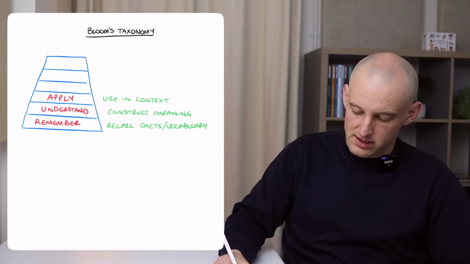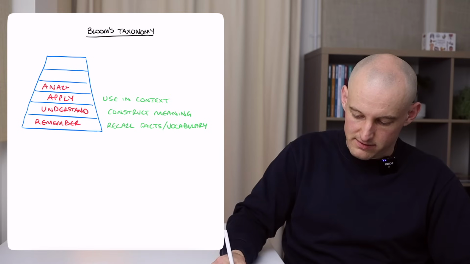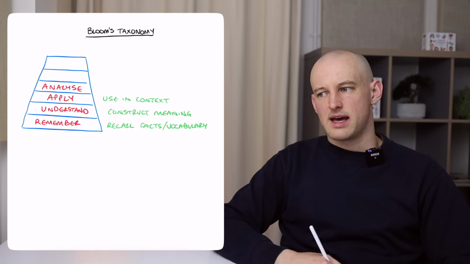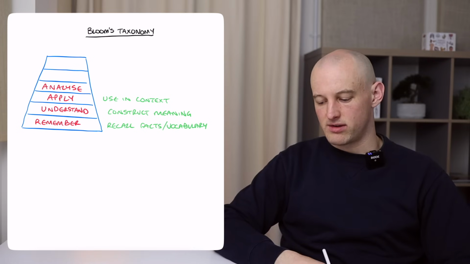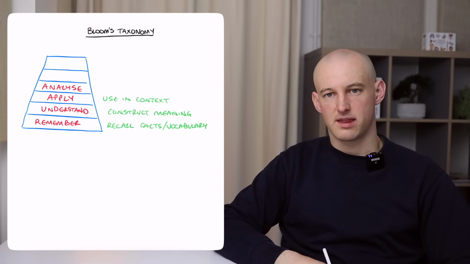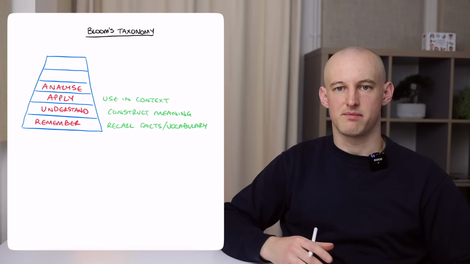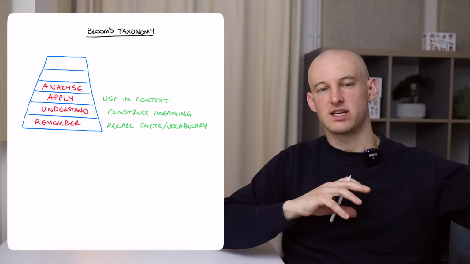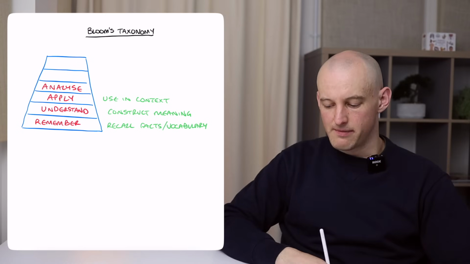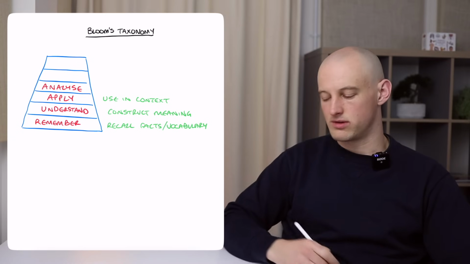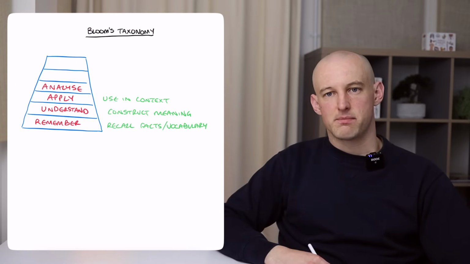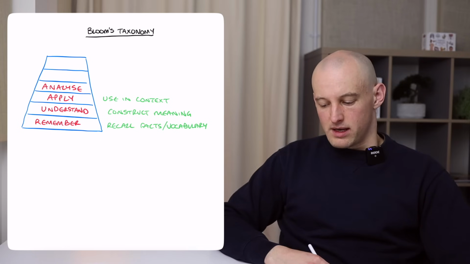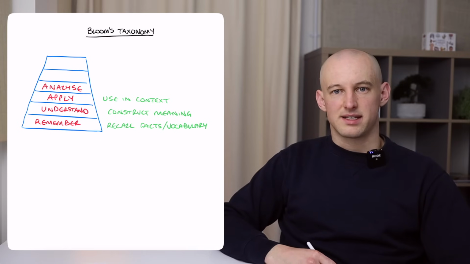Then the next level is to analyze. This is where you break down the individual parts of the information and understand how everything fits together and the relationships between different things. This is a tricky one to really explain, but I suppose this would be analyzing new information.